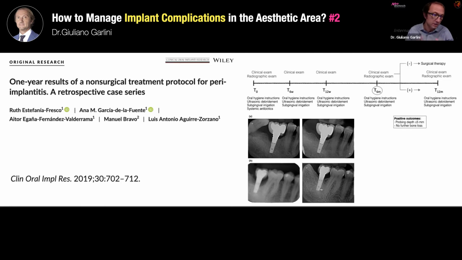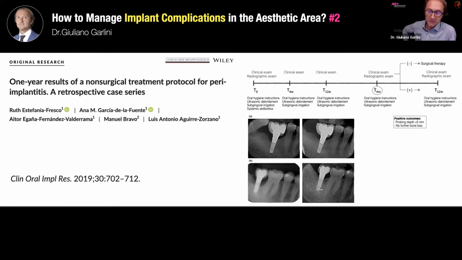We will discuss that later on, but please consider that the first approach to peri-implantitis, in cases that are not severe, will probably be very important to solve the problem without any bad aesthetic final result.